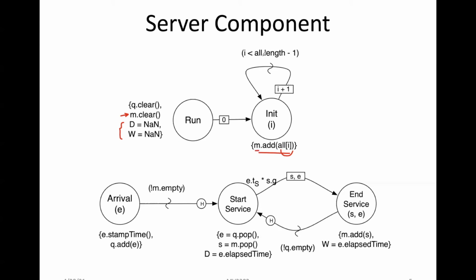And our upper limit is the length of this all array. So as long as there's another server to add, we keep adding it. After all this init stuff, the available servers container now contains all of the server instances. Okay, is the initialization business clear?